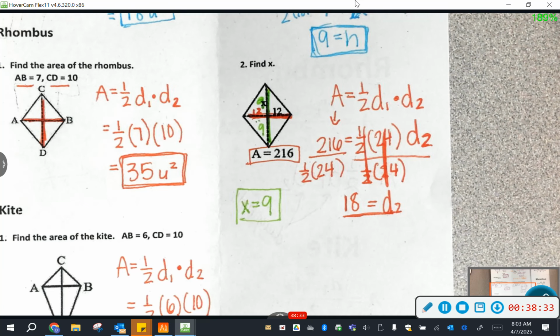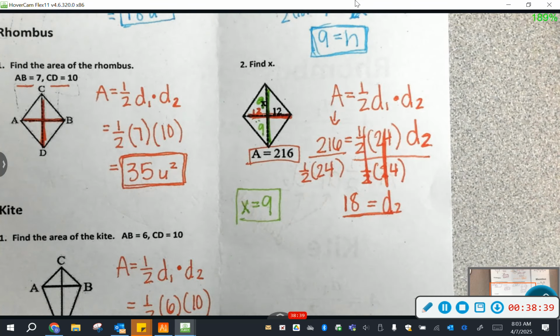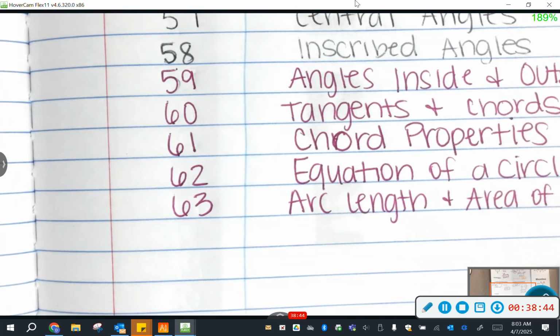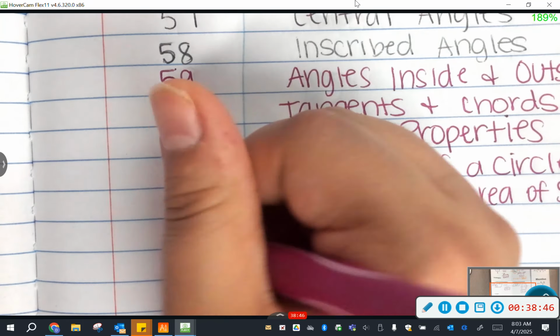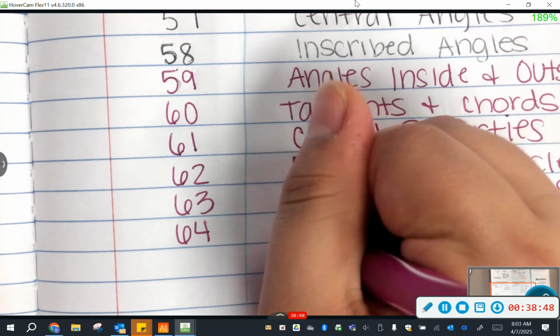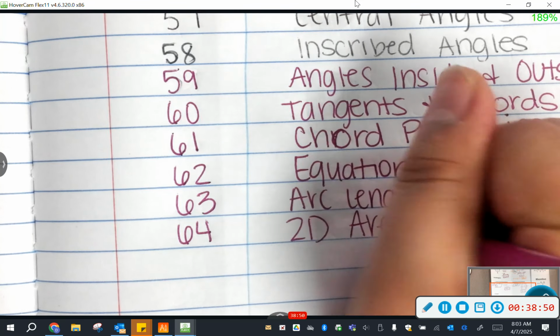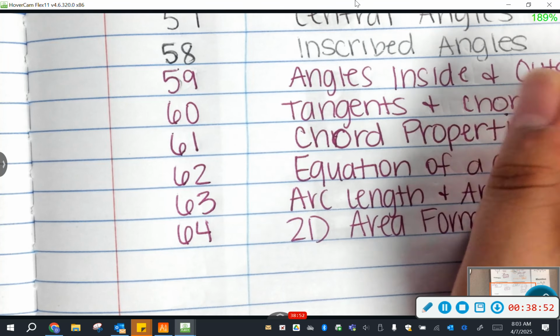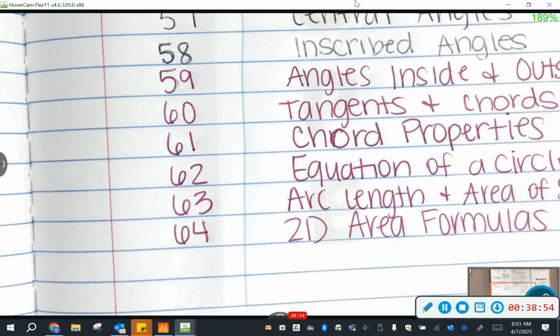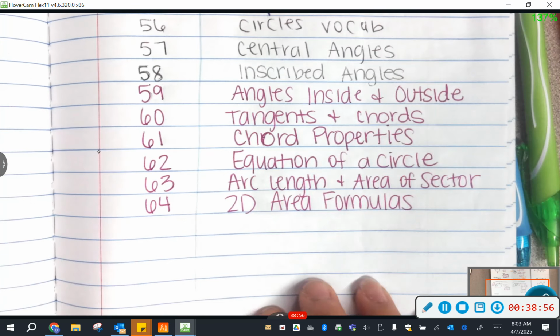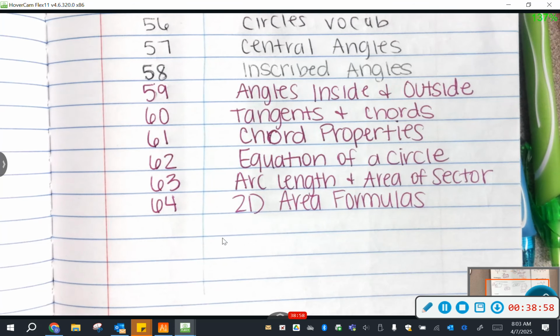We are going to glue these into page 64, 2D area formulas. And tomorrow we'll do the assignment.